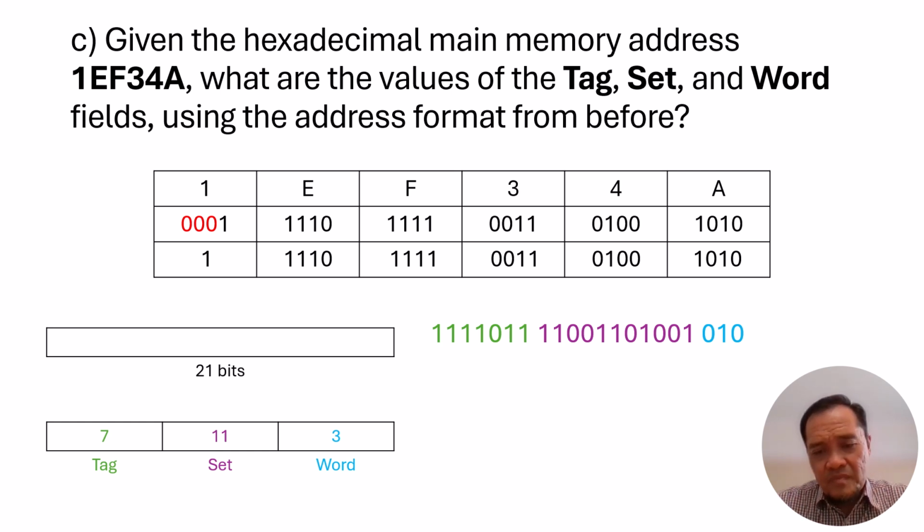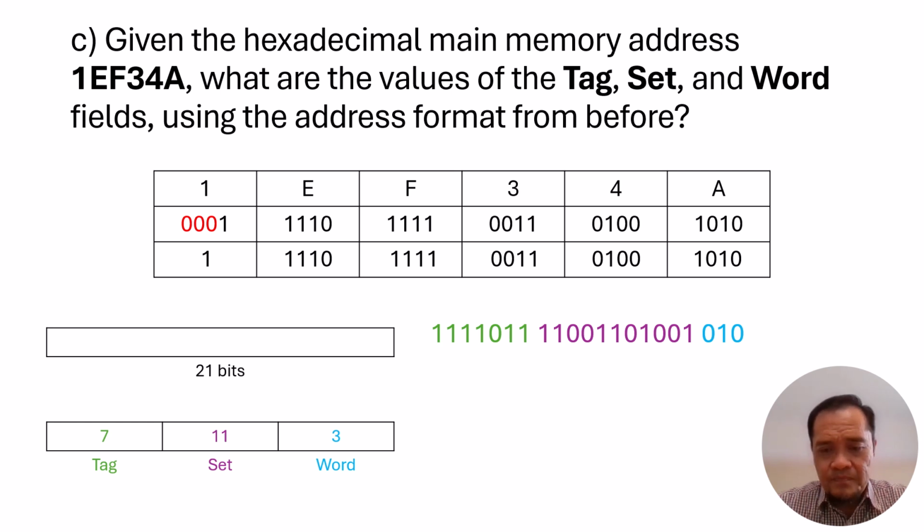I already color coded the address according to the format. The blue color represents the word. So the 3 bits on the right belong to the word, 010, and then the next 11 bits belong to the set, colored in purple.